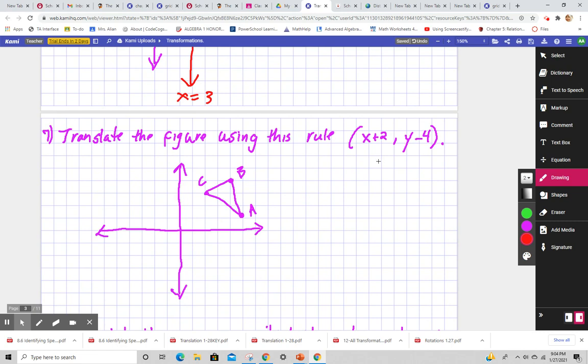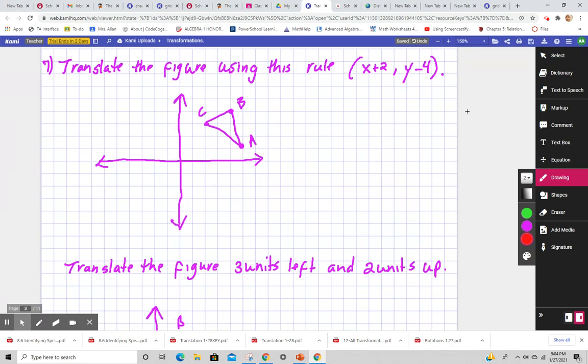Translate the figure using the rule x plus 2, y minus 4. Okay. So to find A prime, we're going to go over to 1, 2, and then down 1, 2, 3, 4. So this is A prime. B, right to 1, 2, and down 1, 2, 3, 4.